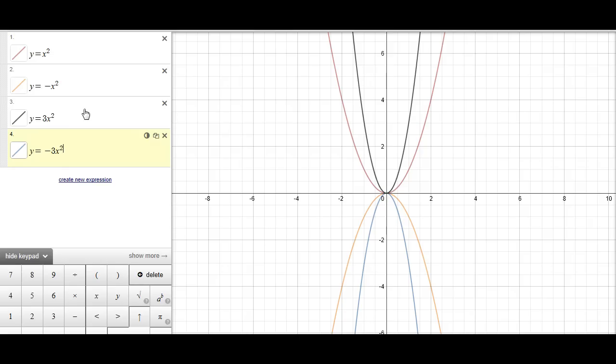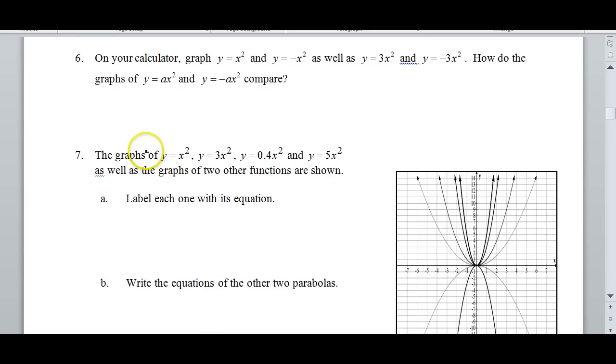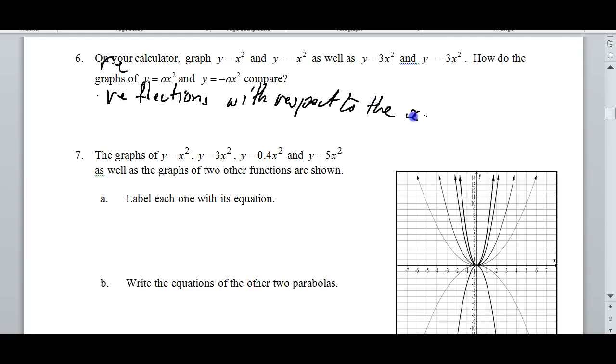And as you can see, we have congruent parabolas, the narrower ones being the 3x squared and the negative 3x squared, and the result was that we have reflections of each other with respect to the x-axis.